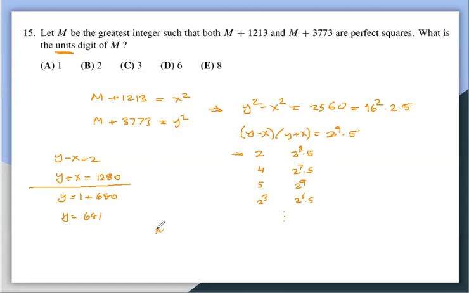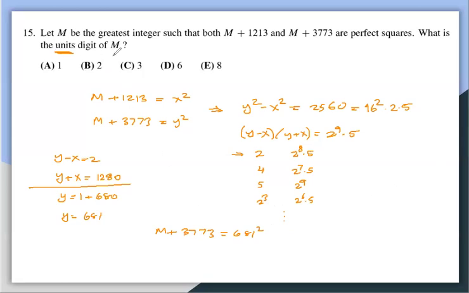So you can say m plus 3773 equals y squared, which is 681 squared. This is what we want. You may just go and square it and subtract to get m itself, but I'm not going to do that because we are not interested in the value of m.